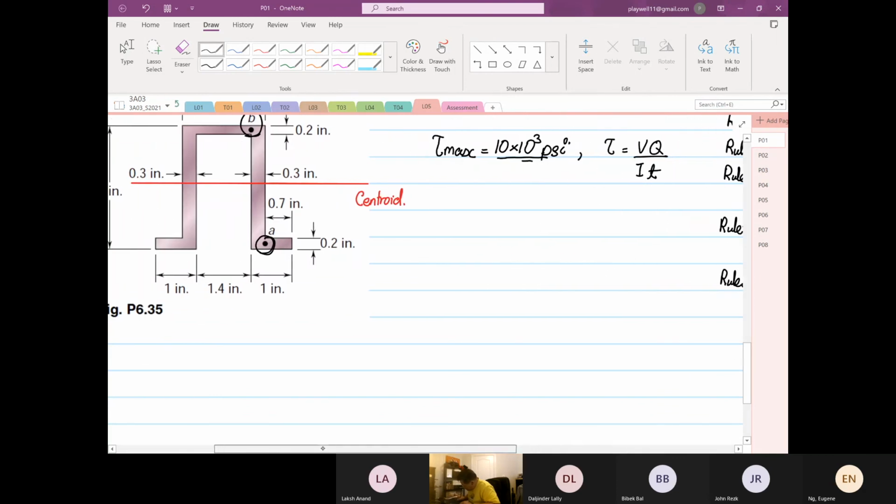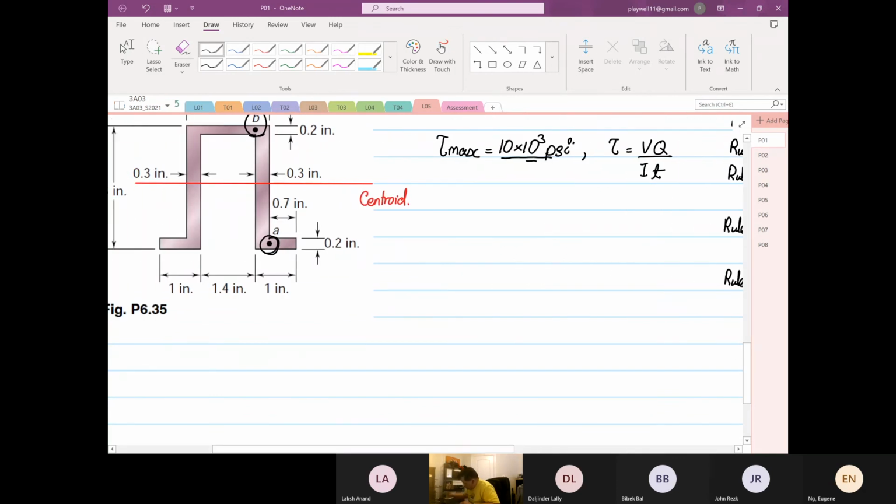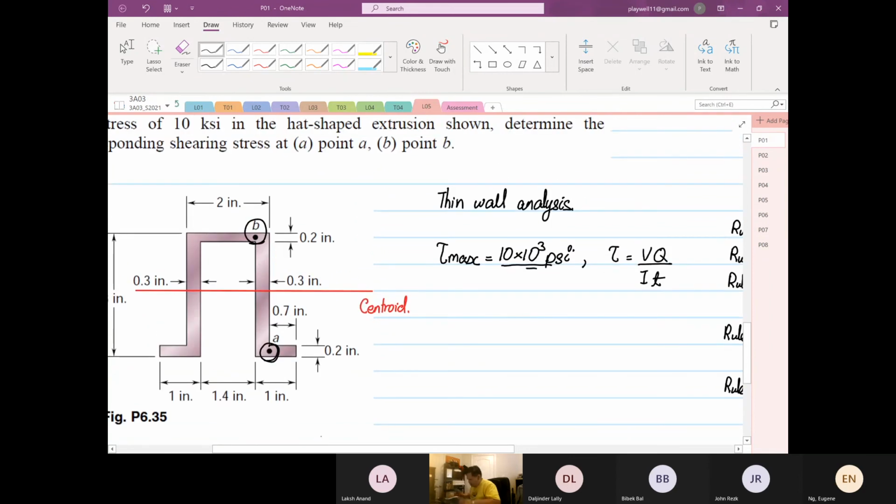Now with this in mind, let's say we want to find the shear stress at point B. So we know that we have a Vy.